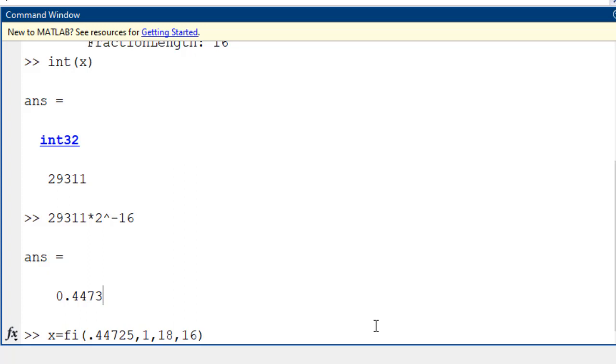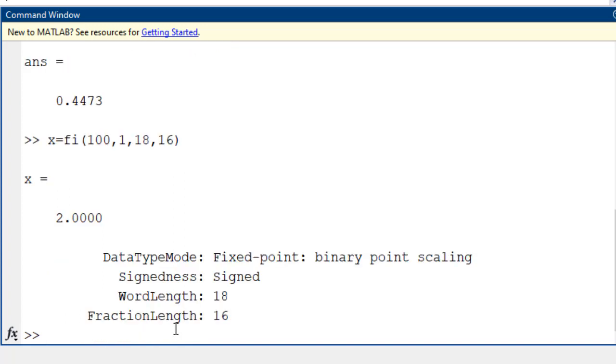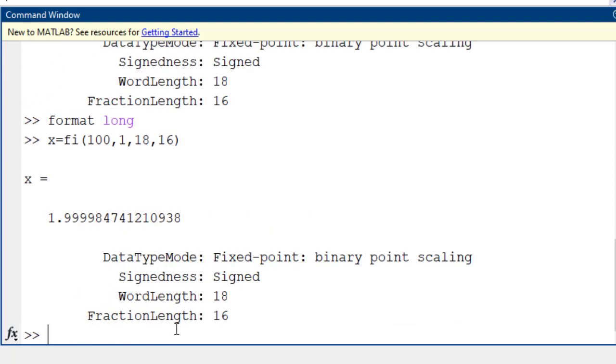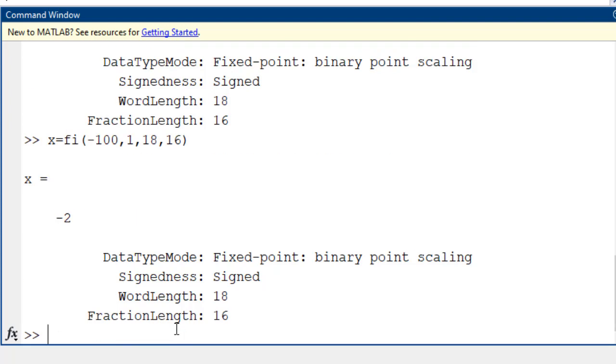So if you put in something you know it can't quite represent, like 100, and we'll do a format long, you can see that you can go to not quite 2. And if you went for the negative and tried to go beyond the rails, you can go all the way out to -2.